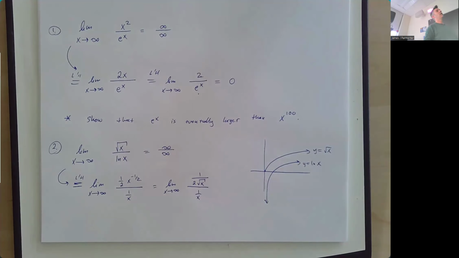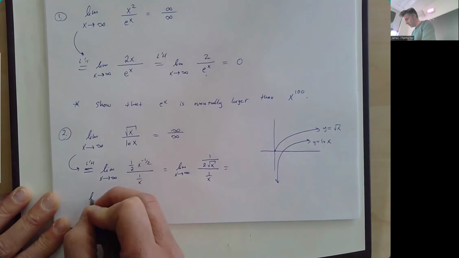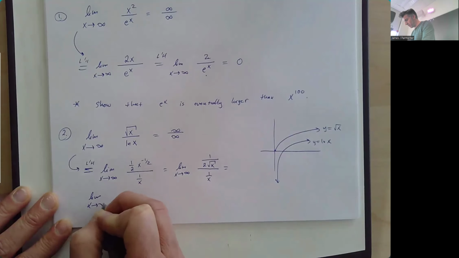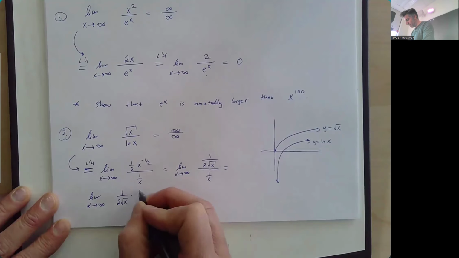It is a 0 over 0, but it's not something we should use L'Hopital's rule for, because we can simplify this before we try to use L'Hopital's rule. So we definitely should do whatever simplification we can before trying to apply L'Hopital's rule again. So if I do this, I can rewrite this as the limit as x goes to infinity of 1 over 2 root x times x over 1.